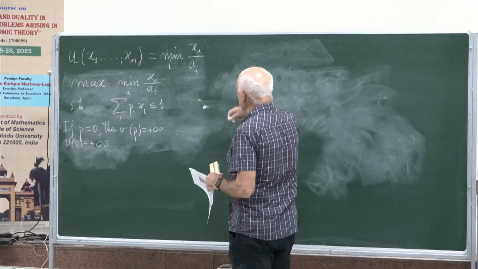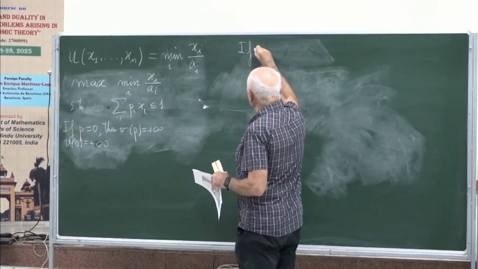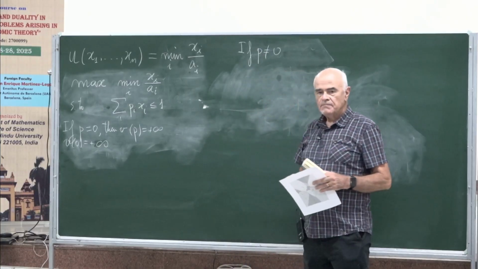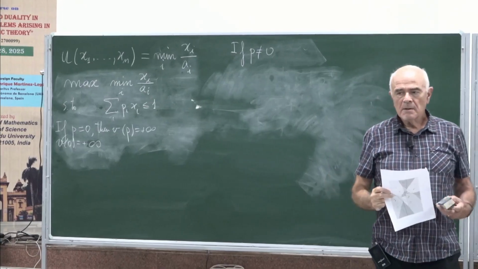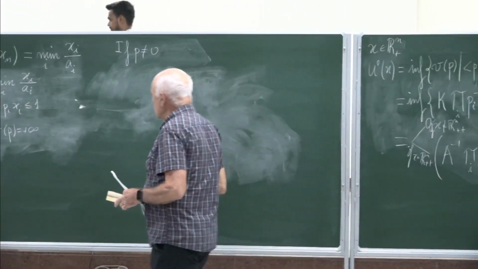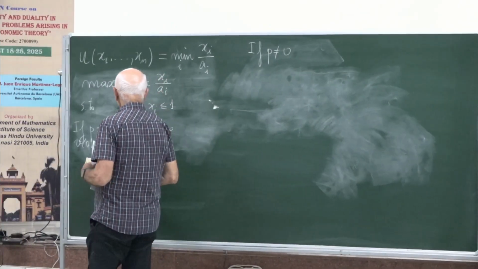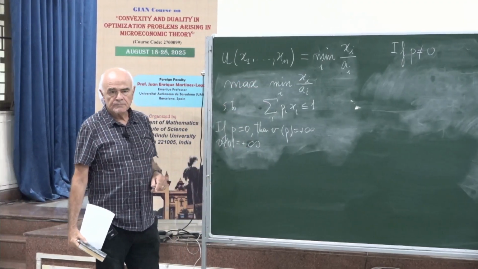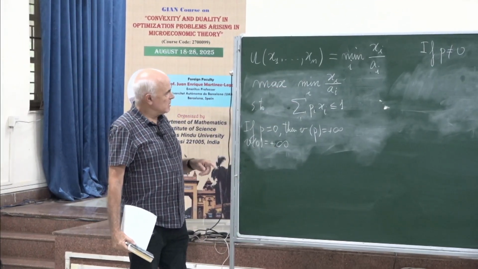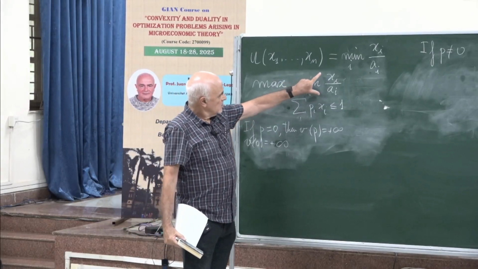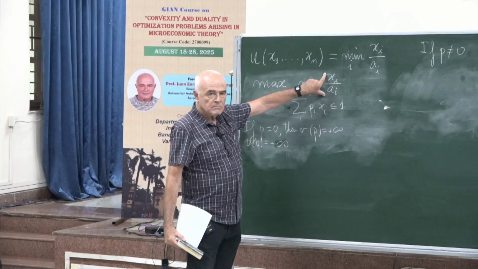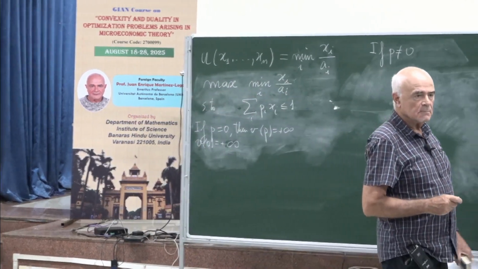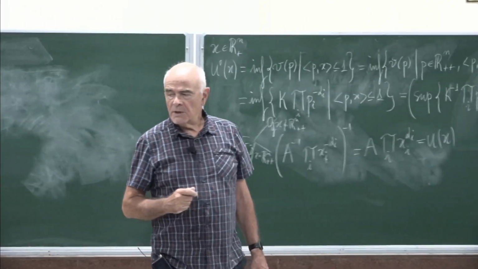Now, if P is different from 0, then I claim that there is an optimal solution, and for this optimal solution all these terms in the minimum are necessarily the same. Do you agree with that?